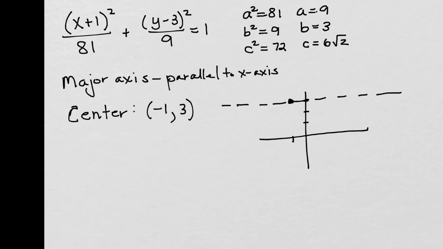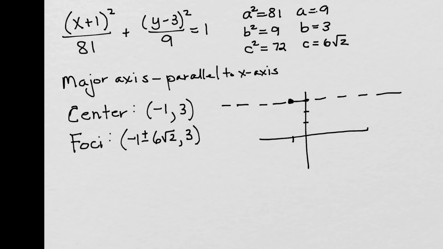Well, the foci, what I'll do to find those is I'll take the x value, -1, of the center, and I will add the value of c to get one focus using the same y value of the coordinate, and then I'll subtract to get the other one. So I can just write this a little shorthand, -1 plus or minus 6 square root of 2, comma 3.